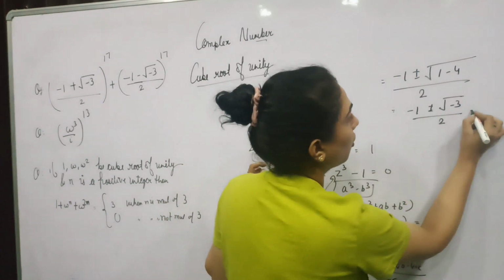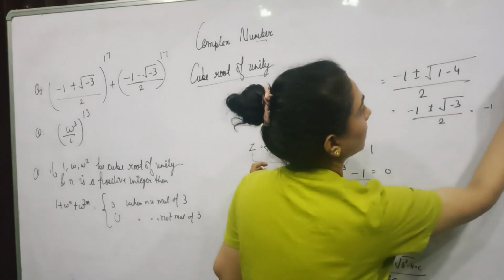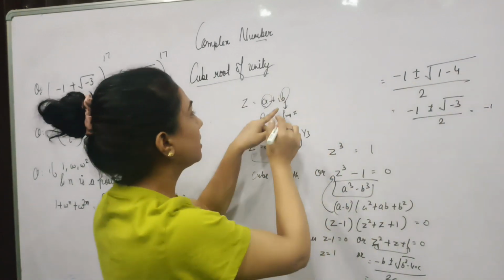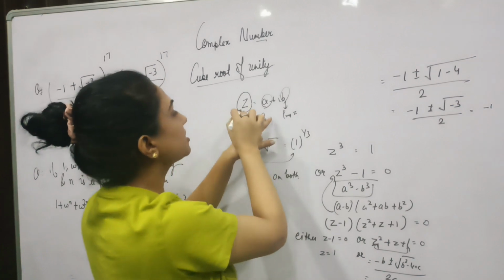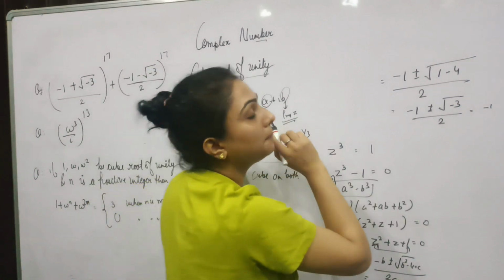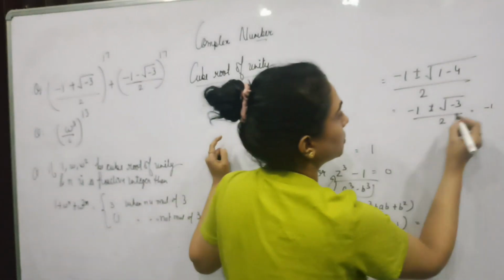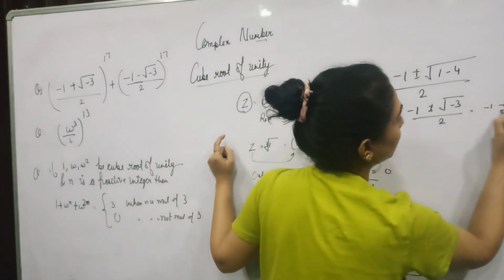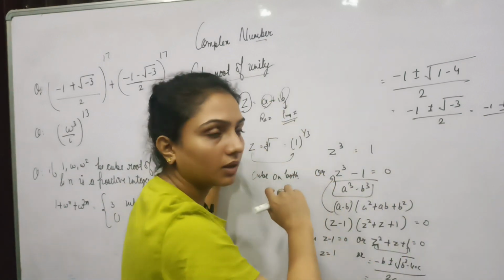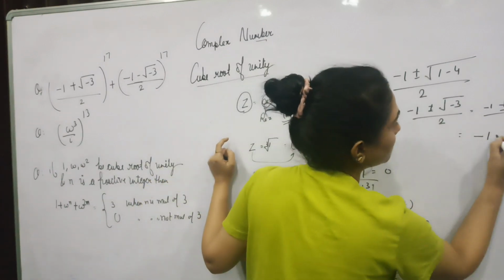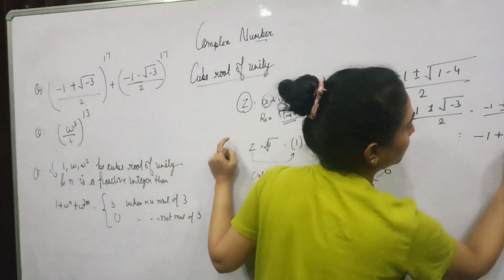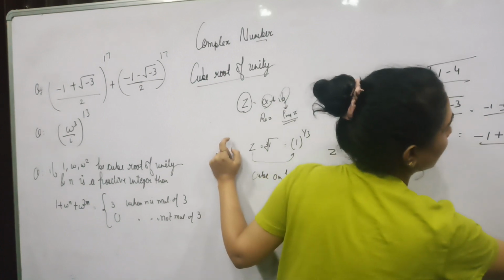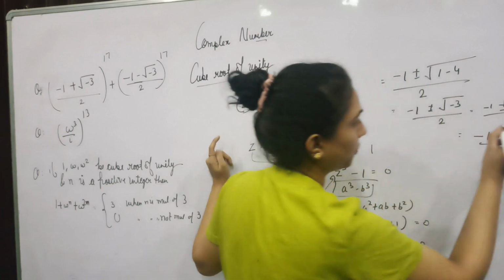See, we already studied that under root of minus 1 is i, which is used in complex number with the imaginary part of z. So we can write it as minus 1 plus minus i under root 3 by 2, or minus 1 plus i under root 3 by 2 and minus 1 minus i under root 3 by 2.